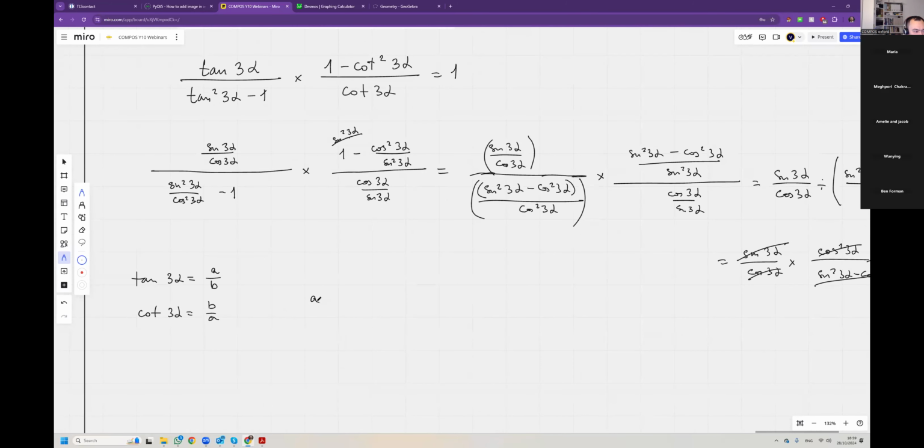So I did A over B squared minus 1 times 1 minus B over A squared over B over A. If you replace, so A is sine 3 alpha and B is cos 3 alpha, it literally becomes this. So substitution.